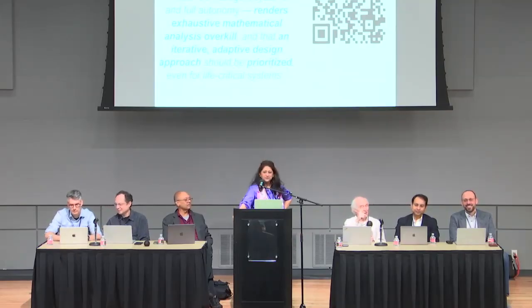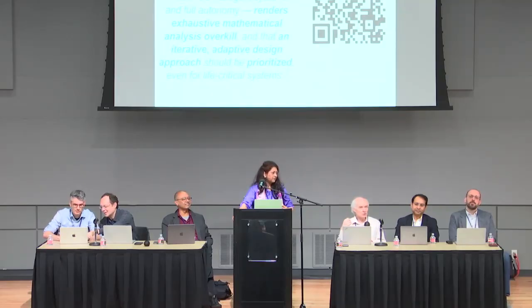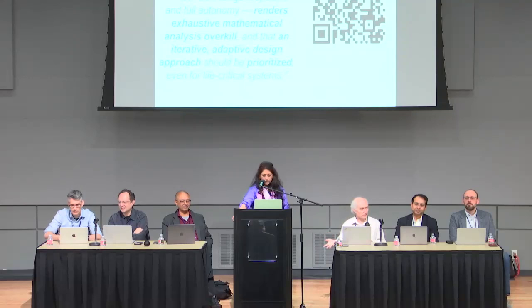Exactly. So to your point about models, the good thing about the process of building formal models is it also allows you to elicit assumptions that go into the modeling process.